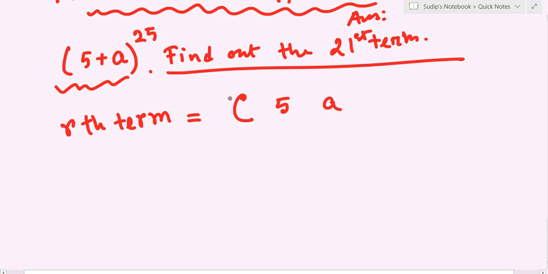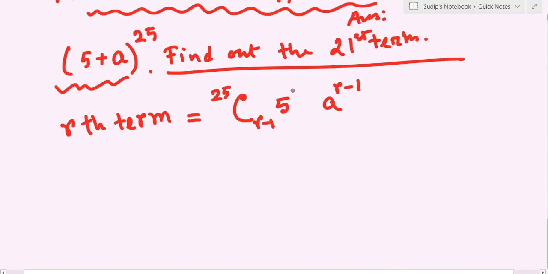So what will be the top of the C? 25. As it is the rth term, it will appear r minus 1 here, and here, as r minus 1 appeared, we will write r minus 1.